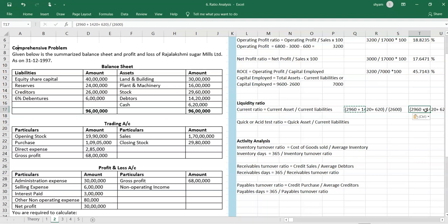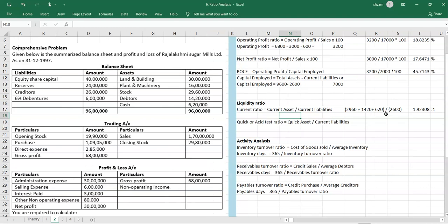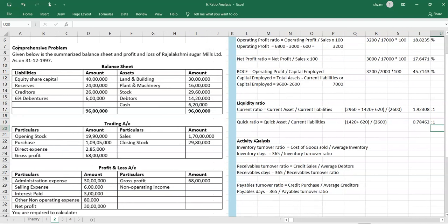Okay, so let's get the answer. The answer would be in terms of x is to 1. Now let's get the quick assets. In quick assets, you will not have the inventory alone, so you can remove inventory, and thereafter you can get the answer. This also should be in terms of x is to 1. So we got that also.